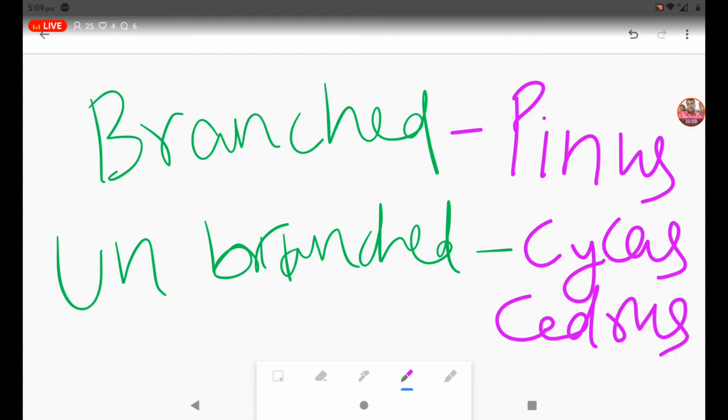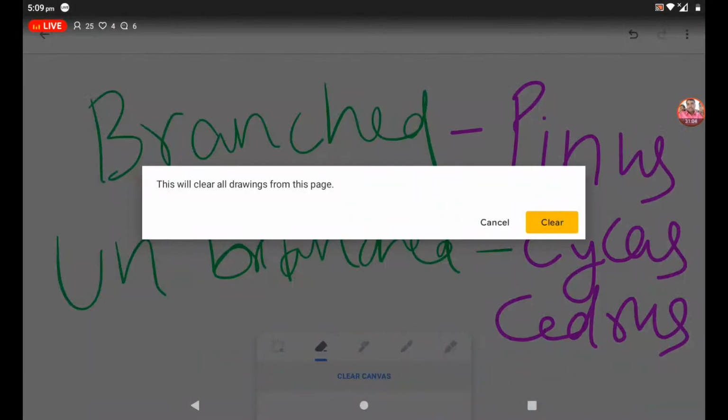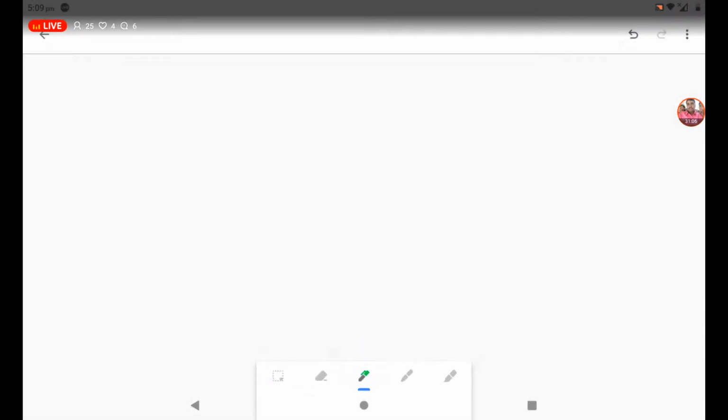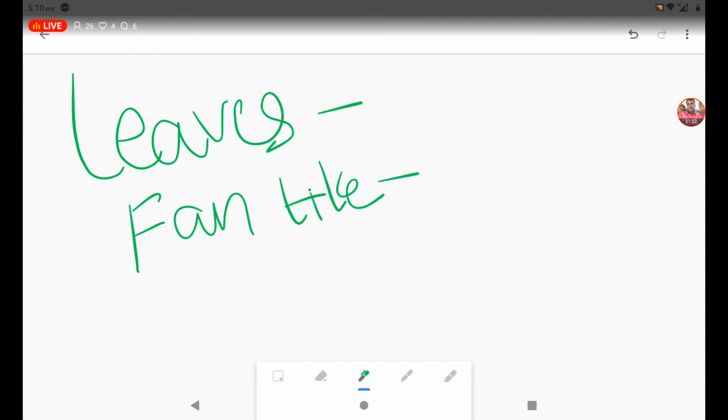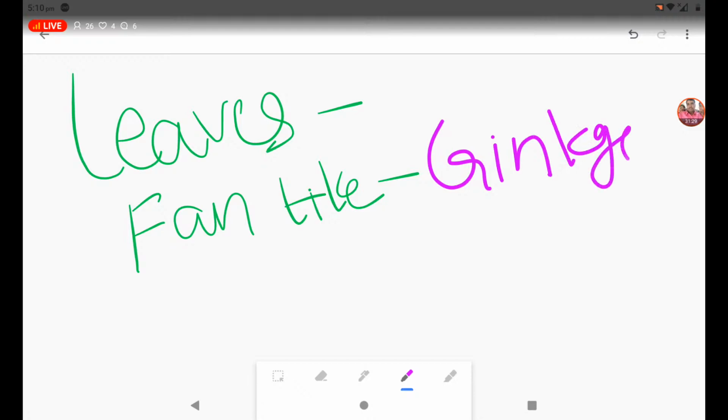Next, the leaves. Fan-like leaves, like a hand fan, can be seen in Ginkgo biloba, which also has dimorphic branching.